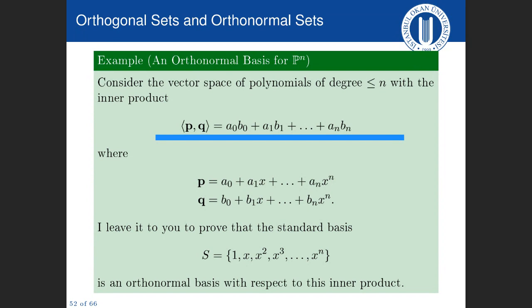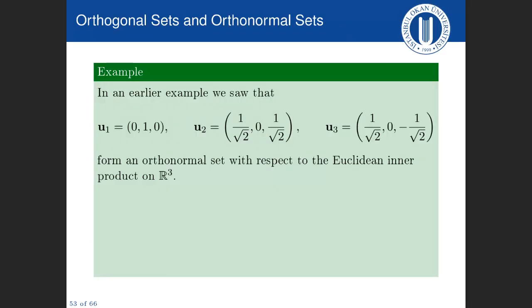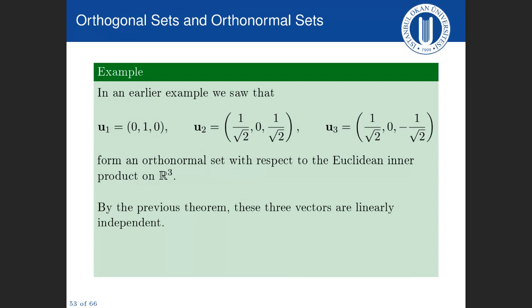Another example. In an earlier example, we saw that this is an orthonormal set with respect to the Euclidean inner product on R3. And by the previous theorem, remember, if we know we have orthogonal, then we also know that we have linear independence. So these are not just an orthonormal set, but it's also a linearly independent orthonormal set.